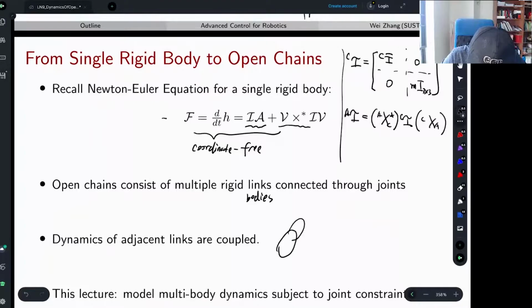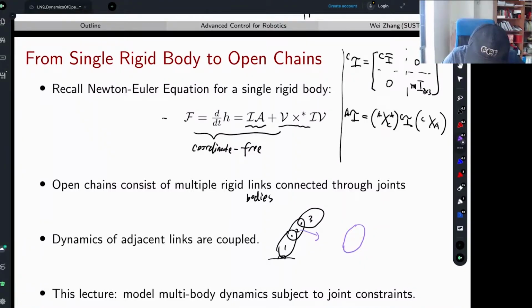So you may think, for example, I have three bodies, and they are connected: 1, 2, 3. Then if you look at this one separately, let's not put it into the system, let's say this is my gravity, and there's a force applied from 1 to 2. I will call that F2.